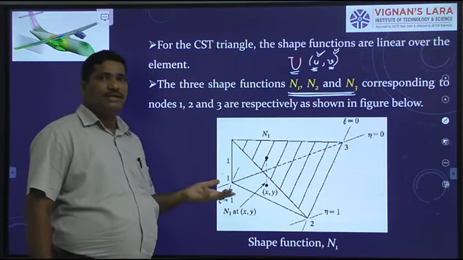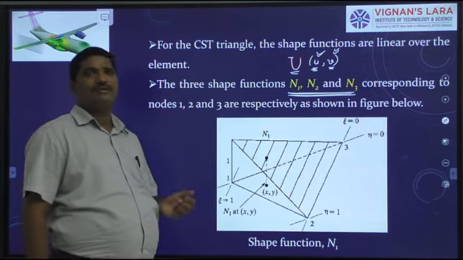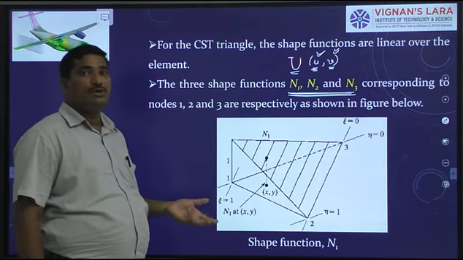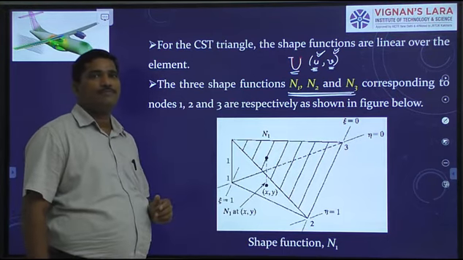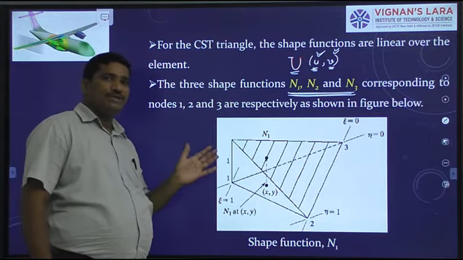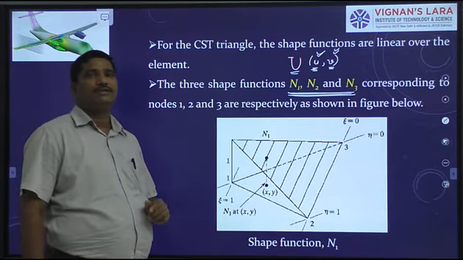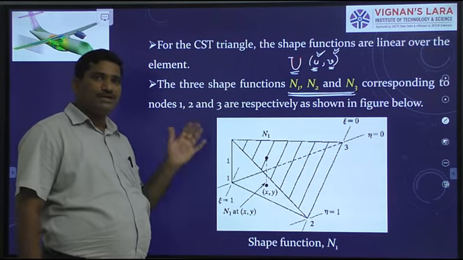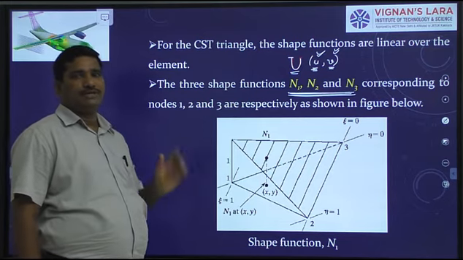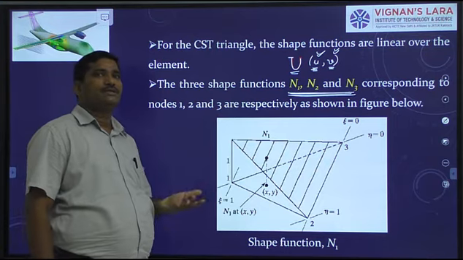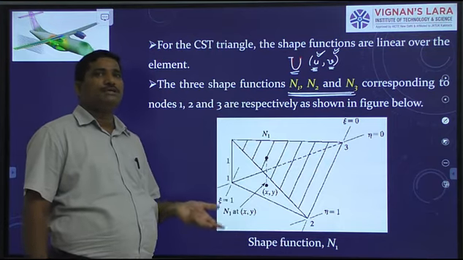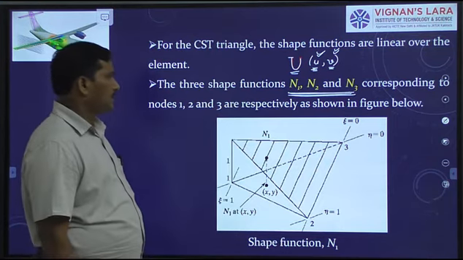We have defined the element displacement vector, global displacement vector. We have seen the stress strain relations for 2D problems. The strain displacement relations also we have defined. Right? In next class, we discuss about the shape functions. Thank you. Thank you very much.